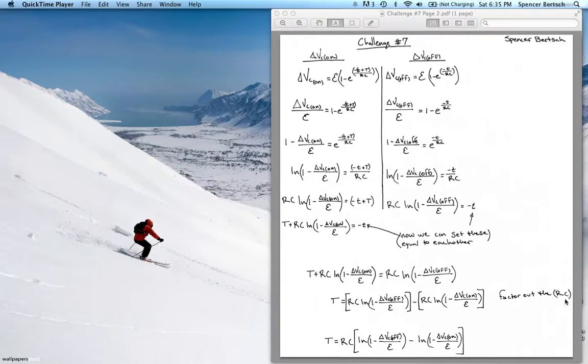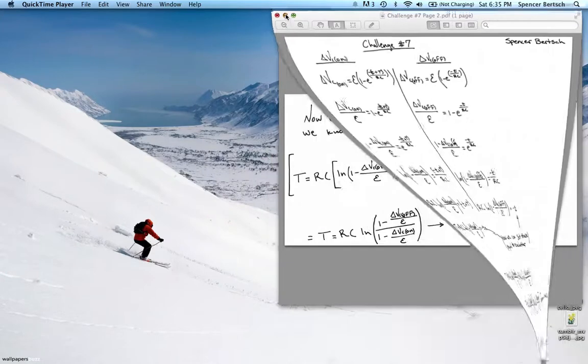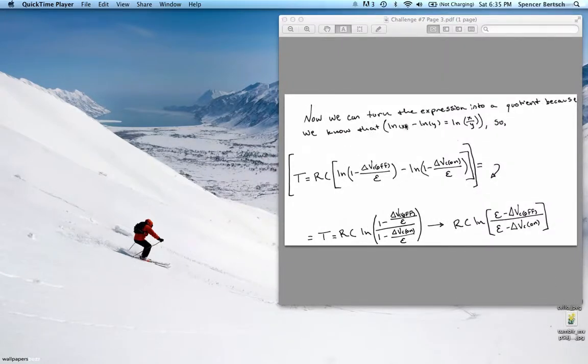All you have to do is factor out the RC, and then once you have this expression, we know that natural log of x minus natural log of y is equal to the natural log of x over y, so we can rewrite this as a quotient.